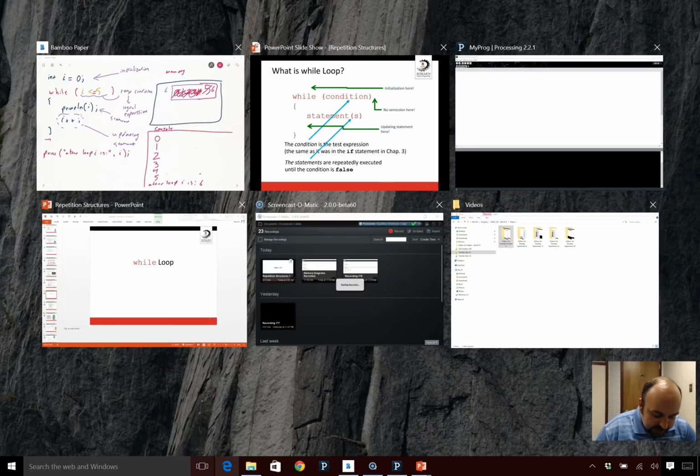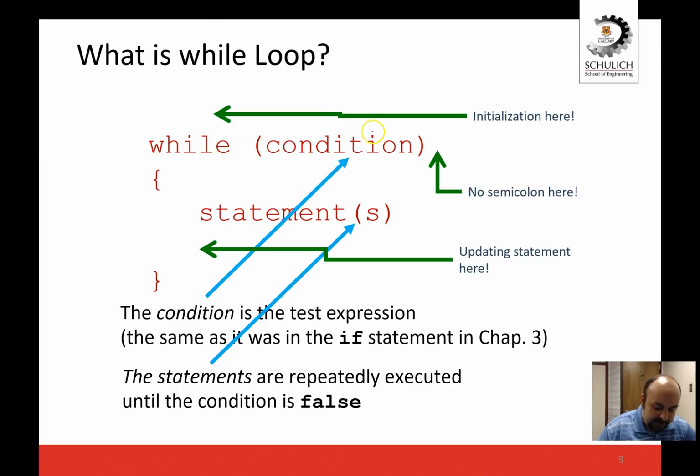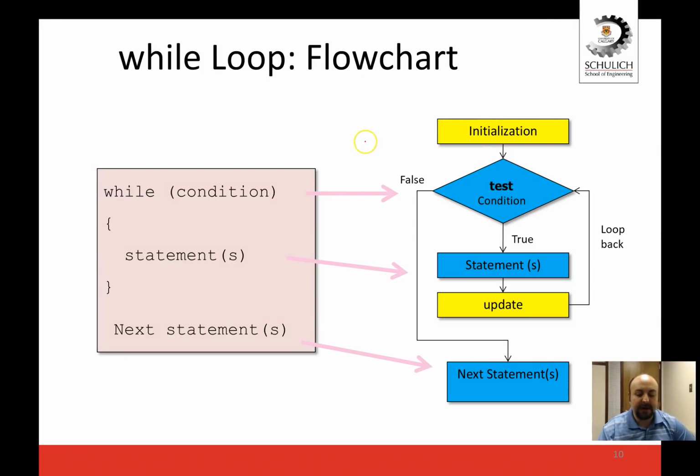Let's go and look at our slides. Let's look at the flow chart here. So in the flow chart, you have the initialization on top. The initialization is not necessarily part of the loop itself, right? Then you have the test condition, which you must have.